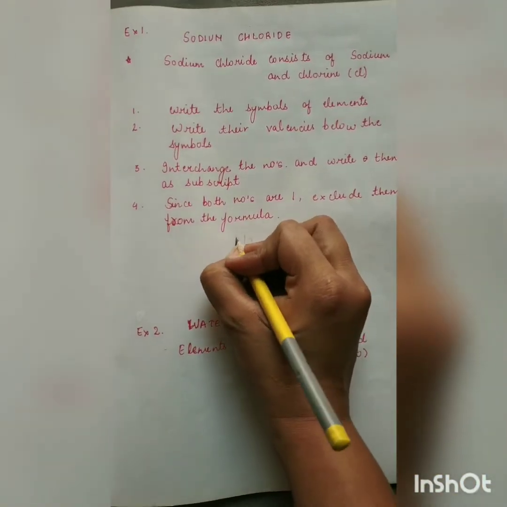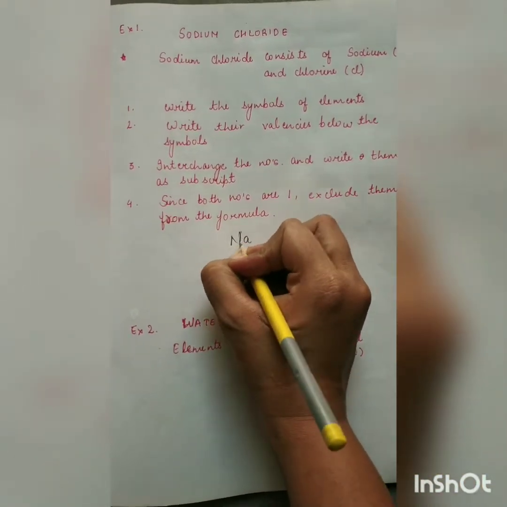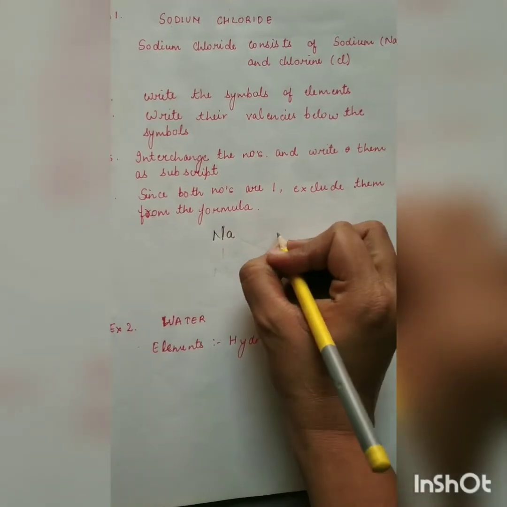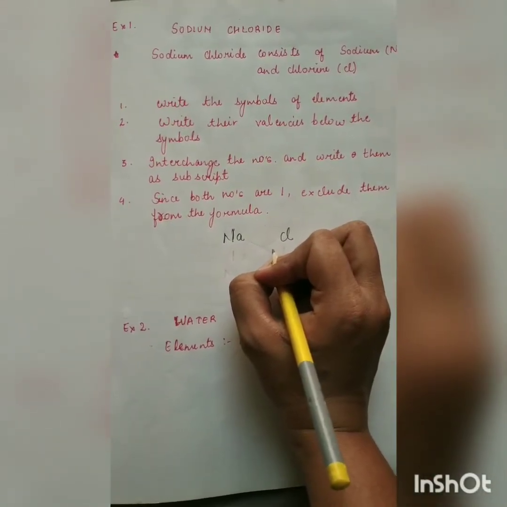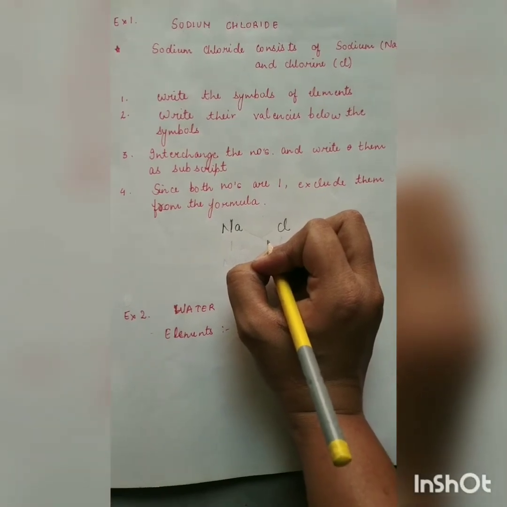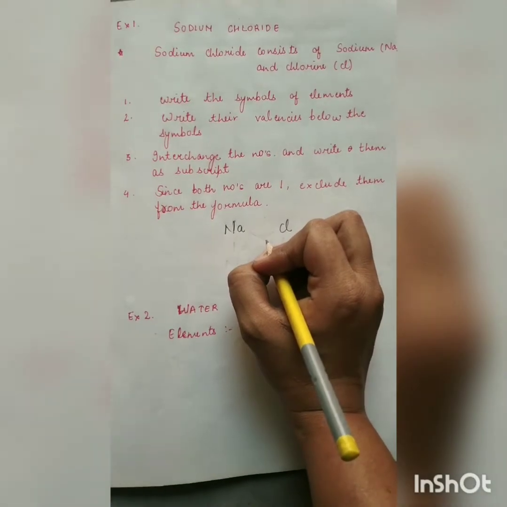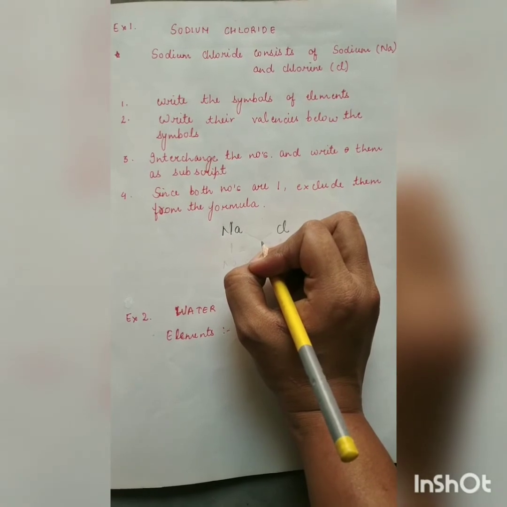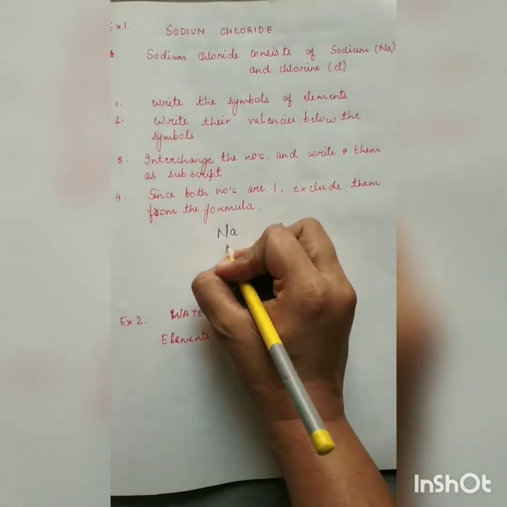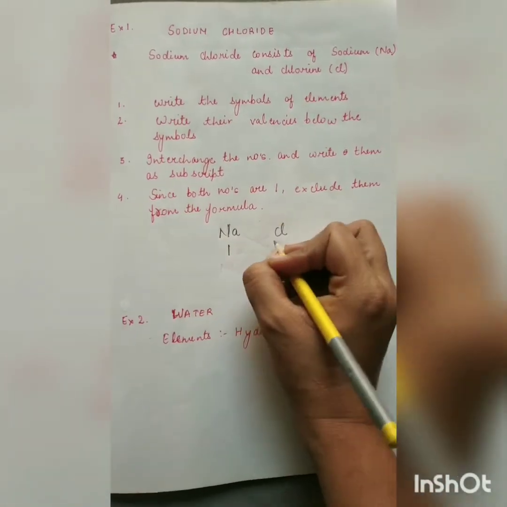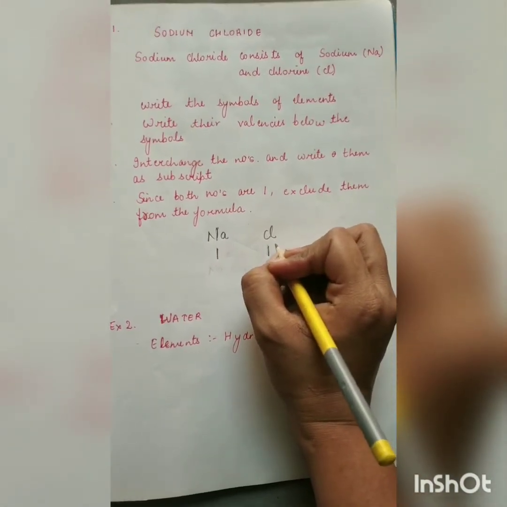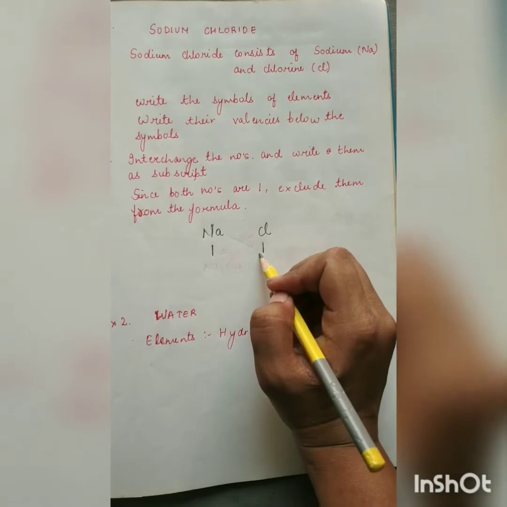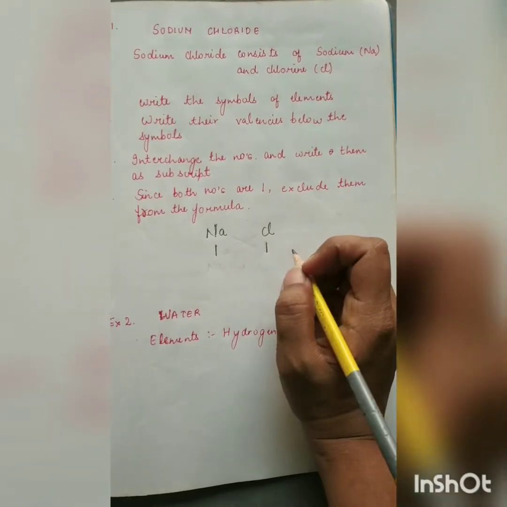Symbol of sodium is Na and the symbol of chlorine is Cl. Second, write the valencies below the symbol. As you are already aware, valency of sodium is 1 and that of chlorine is also 1. Valencies of both sodium and chlorine are 1.